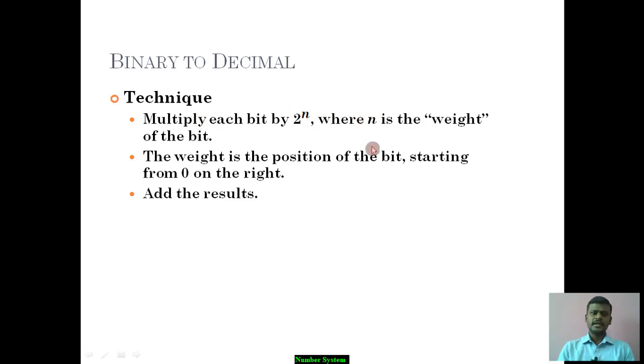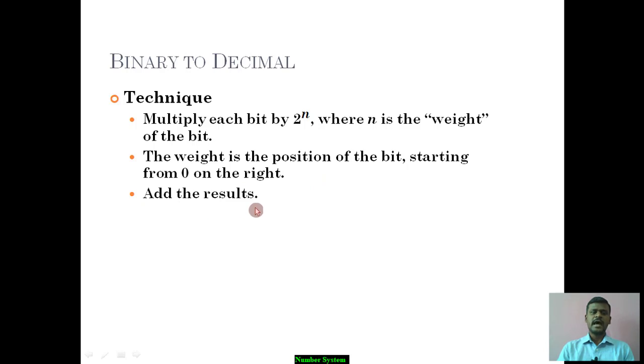So that is the weight of n here. And the second step is the weight is the position of the bit starting from 0 on the right. This means whichever bit is given for conversion, that bit position will be taken from the right side, and we will start assigning the powers or weights from the right side, starting from 0, 1, 2, 3, 4 up to n.